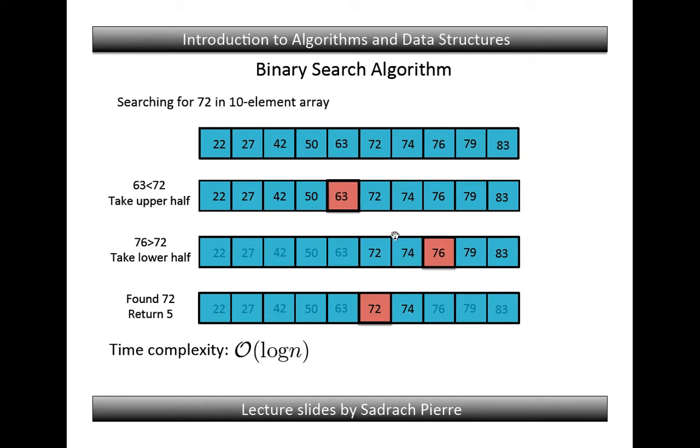Calculating the middle index of this two-element subarray, we get to the value 72. Where I should note, when we calculate the middle index, it rounds down. So this is how we end up with this lower bound index containing our value that we've been searching for.